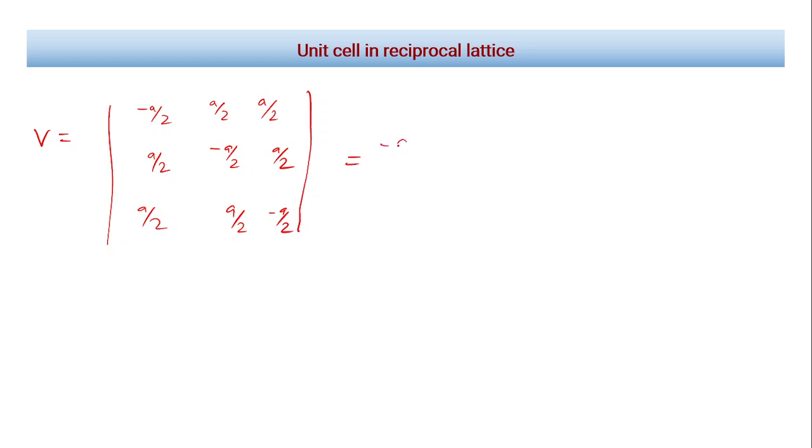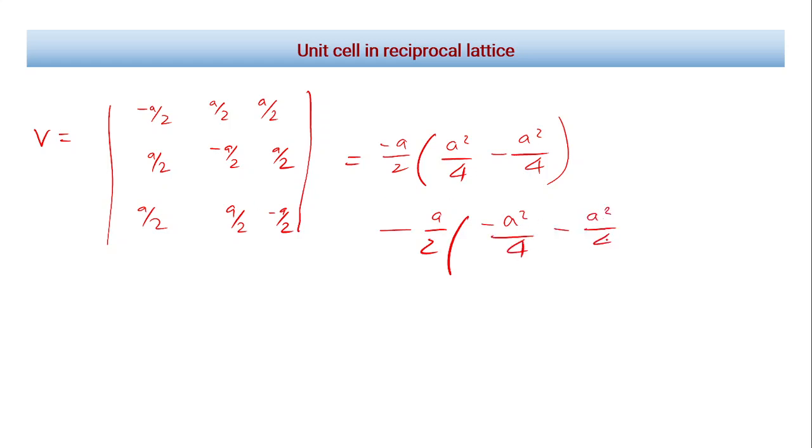This is like minus A by 2, and then product of this, which will be A squared by 4 minus A squared by 4, minus this A by 2, then this minus A squared by 4 minus A squared by 4 plus now this A by 2, A squared by 4.